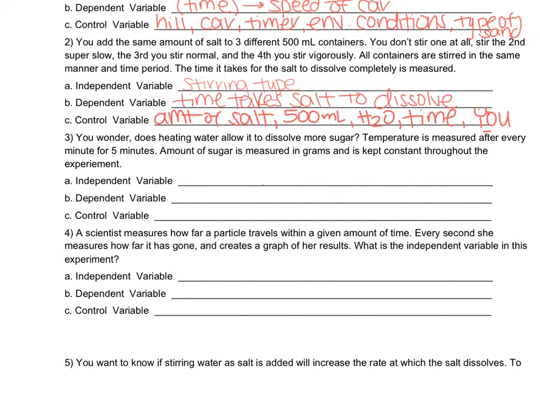All right, number 3, you wonder, does heating water allow it to dissolve more sugar? Temperature is measured after every minute for 5 minutes. The amount of sugar is measured in grams and is kept constant throughout the experiment. All right, so on this one, what we are going to be changing is the temperature of the water.